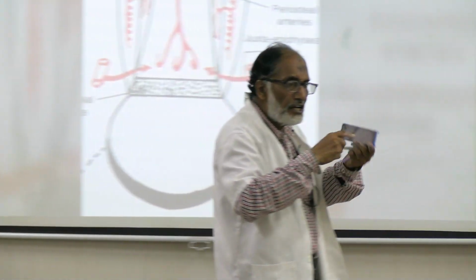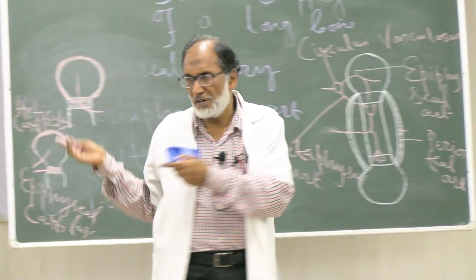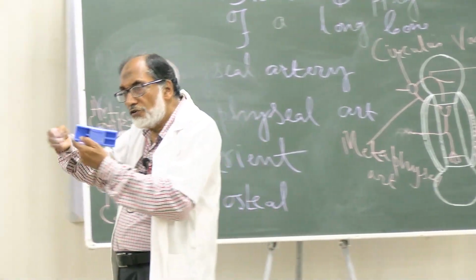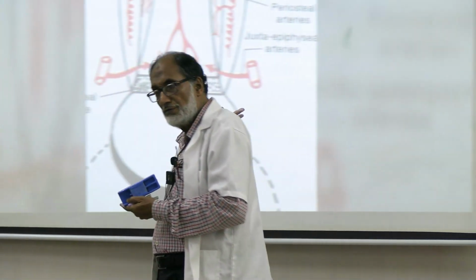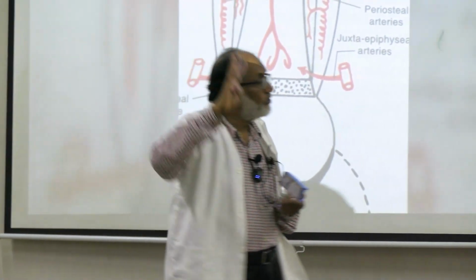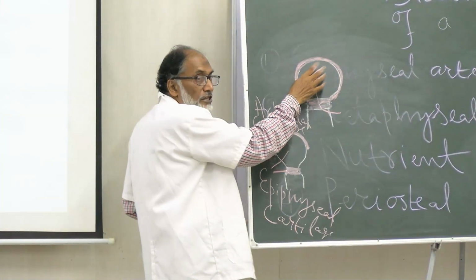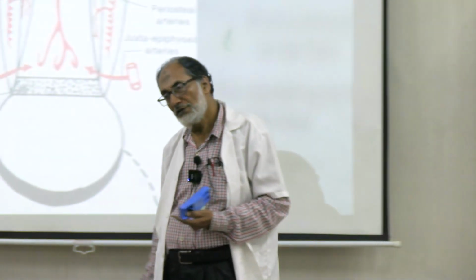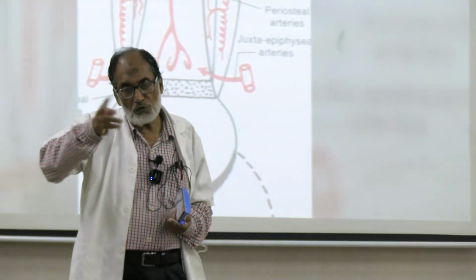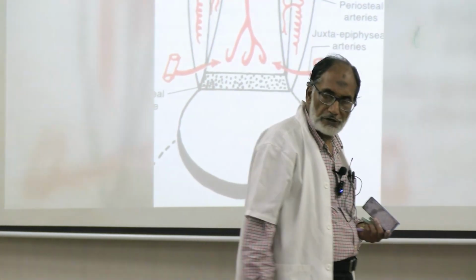Sometimes if there is any separation of the epiphyseal cartilage and the diaphysis, it is not joining because of this reason, because that part is solely dependent on this artery, and because of this disruption it has become necrotic, right? So there are two modes of supply in case of the epiphyseal artery, right?